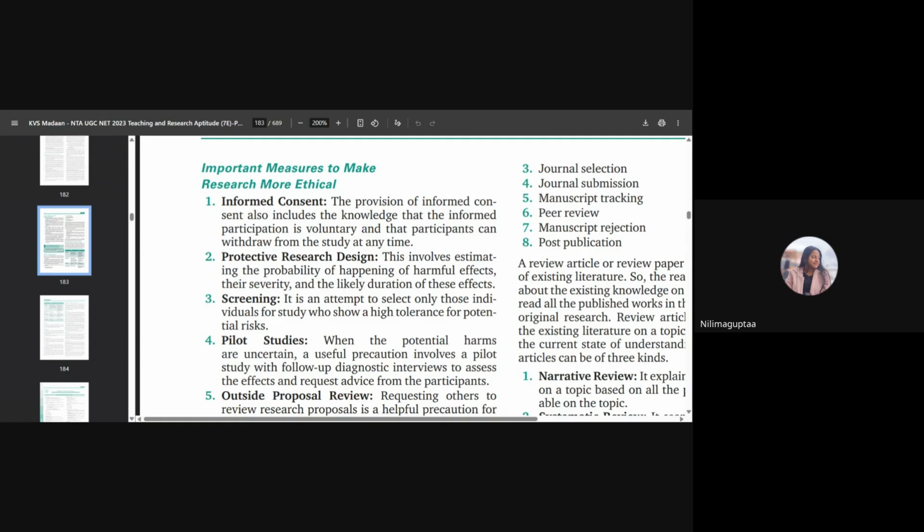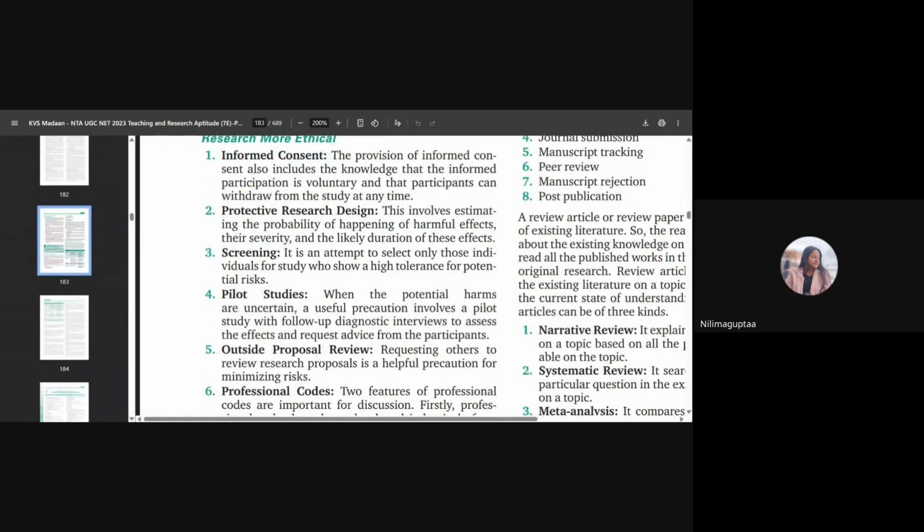Then protective research design, where it involves the estimate or the probability of whatever is going to happen in my research. What will be the impact of some medicines or the drugs that I'm testing on an individual? What will be the most harmful effects of it? What will be their severity, the duration of these effects, and I will have to give this complete detail to my participant.